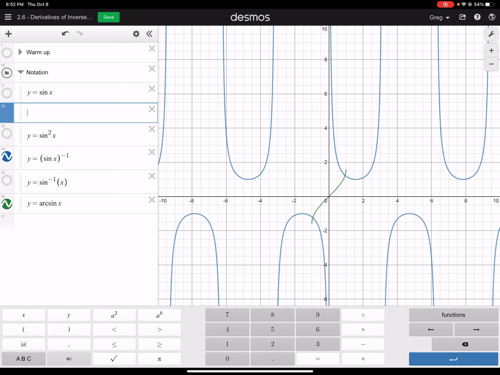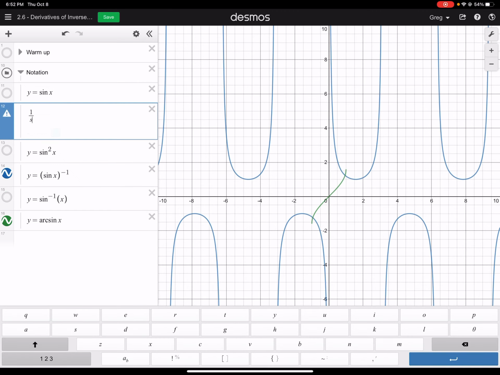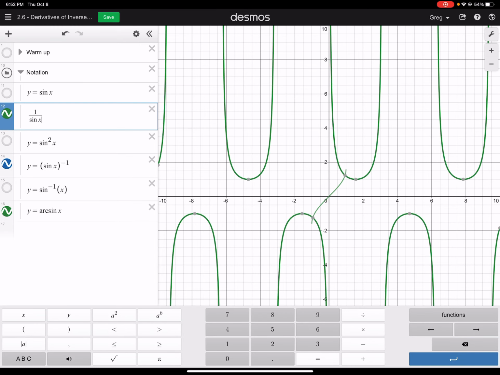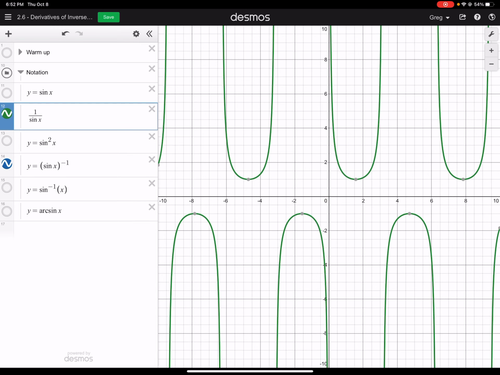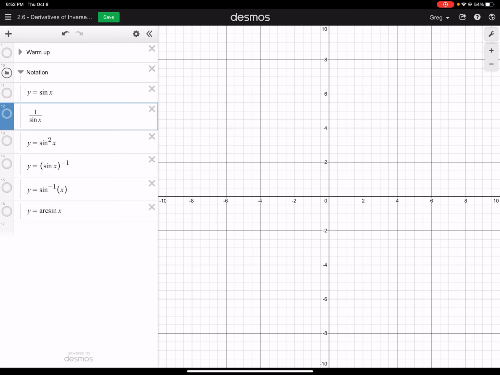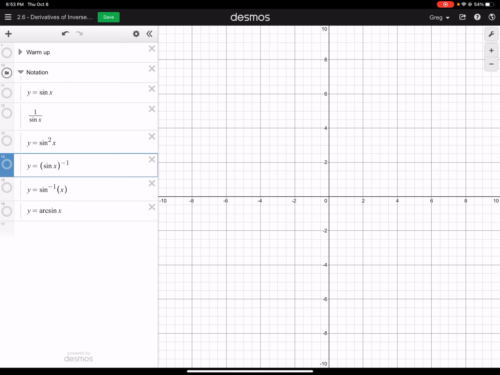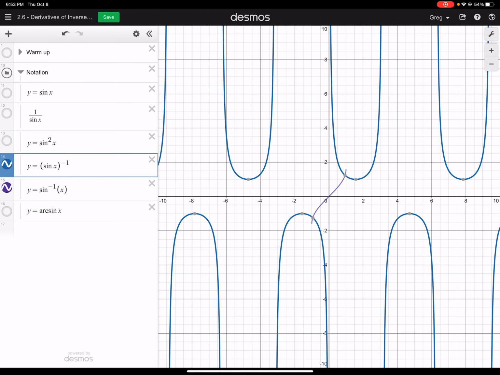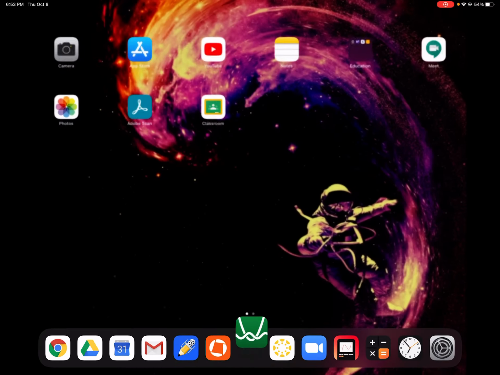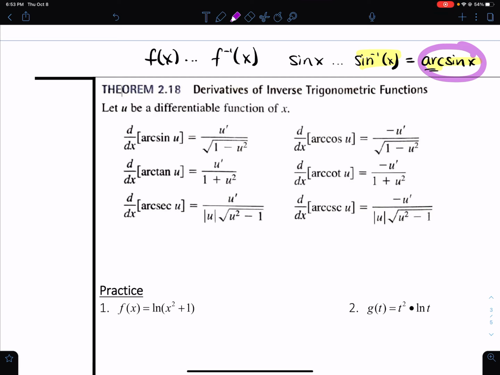And just so we can see, if I do 1 divided by the sine of x, we'll see that those are now actually the same, right? The negative first power in blue and 1 over in green, those are the same. But as soon as I put a -1 next to the word sine, that does not mean the same thing anymore. So that's why just traditionally we tend to use the arc sine.